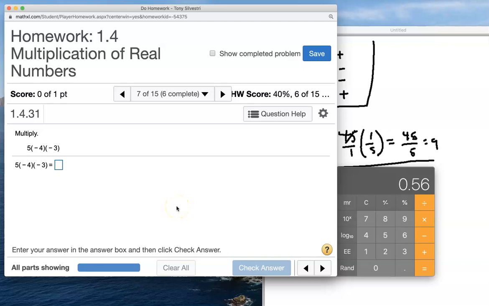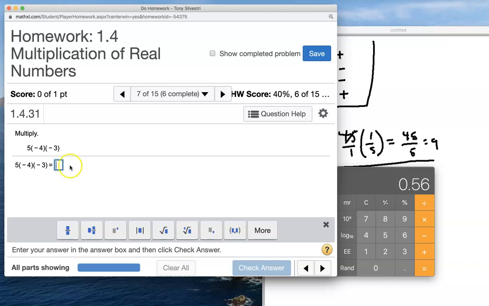Now we've got 3 numbers to deal with. You could take them 2 at a time, which is what I'm going to do, and then I'm going to show you a faster way to do this. I'm going to take the first two numbers and multiply them out. That'll be negative 20, right? Negative 20.